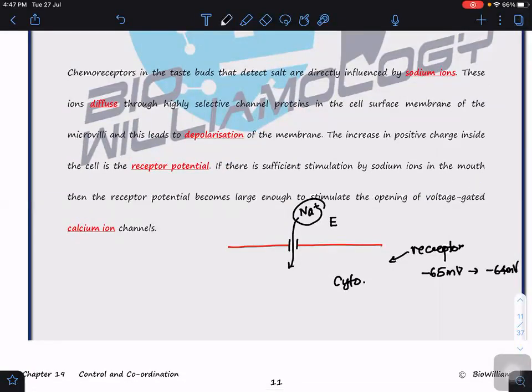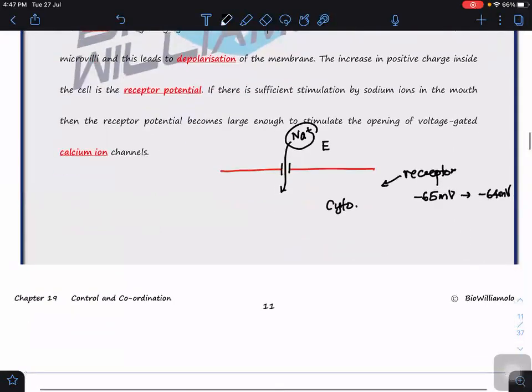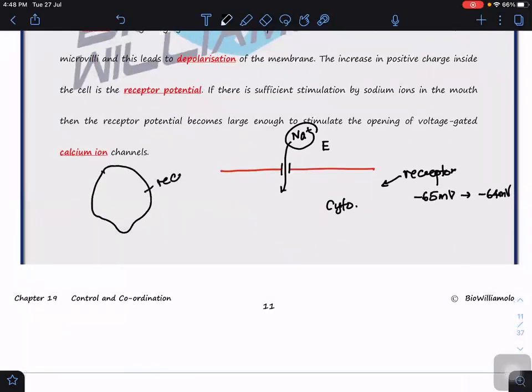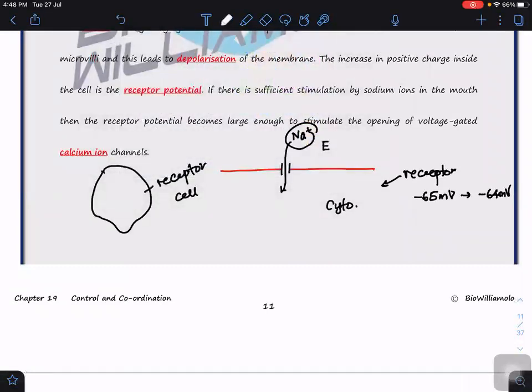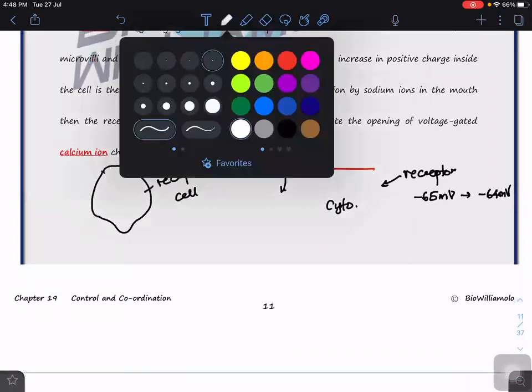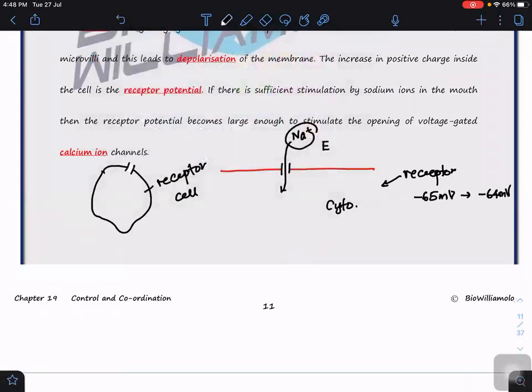So look at this. This is the receptor cell. The receptor cell has this ion channel for sodium ions to enter.